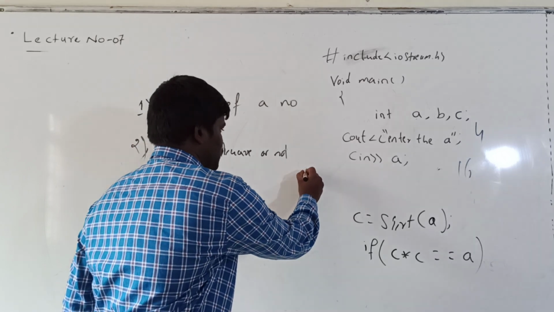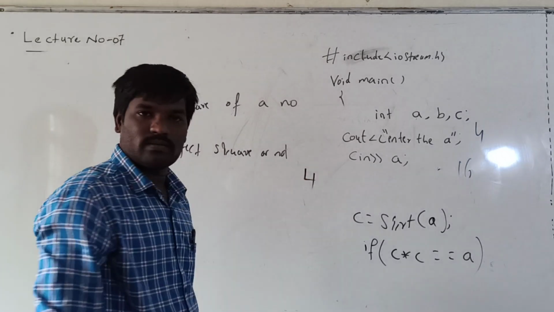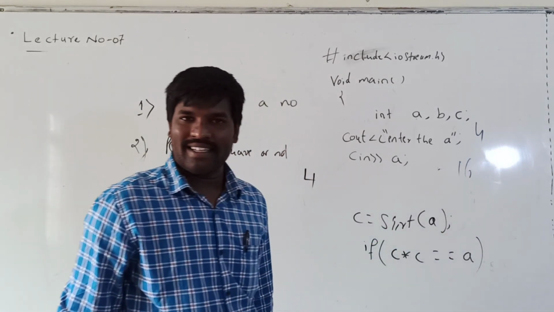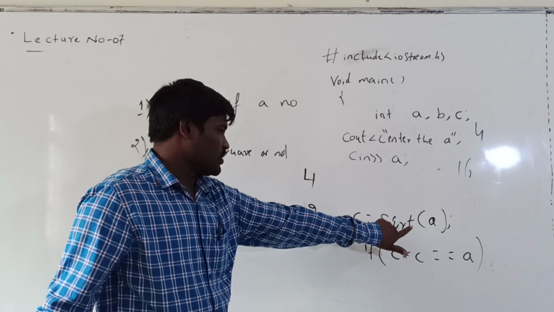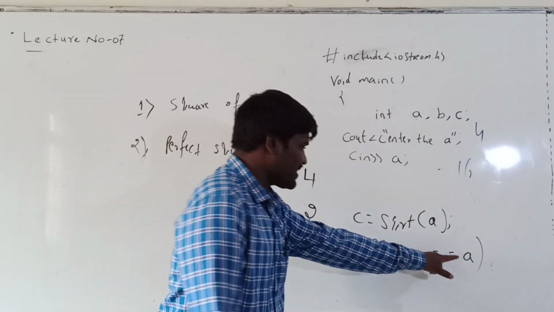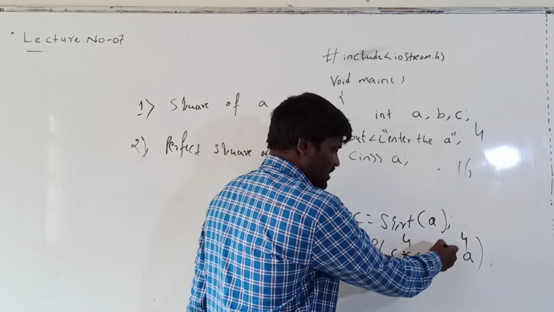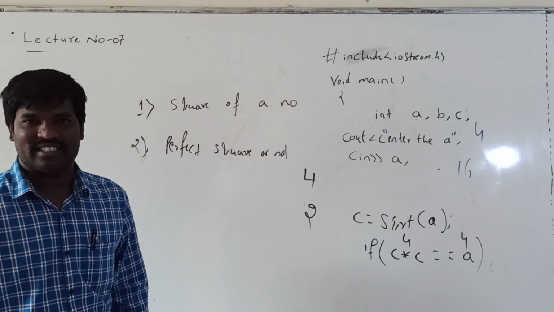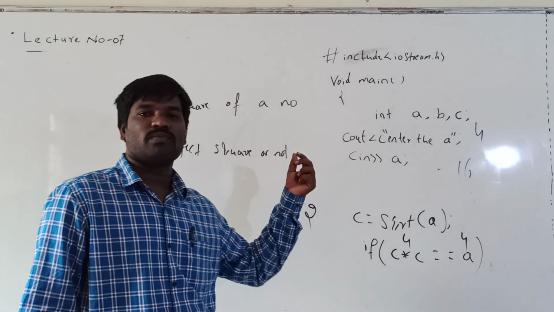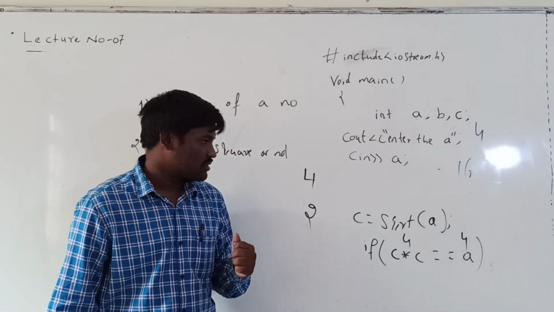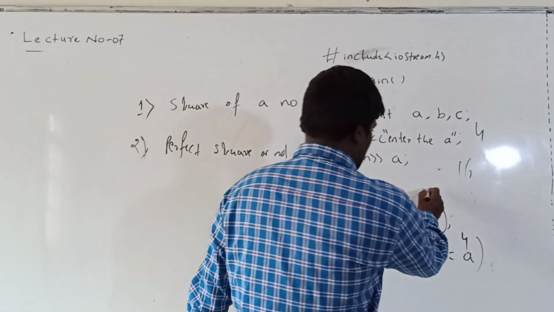I can give the input value as 4. The square root of a is 2, and 2 is stored in c. Here the a value is 4 and the c value is 2. 2 into 2 is 4, and 4 is equal to 4, so the condition is true. It means that 4 is a perfect square. Suppose I give the input value as 5.